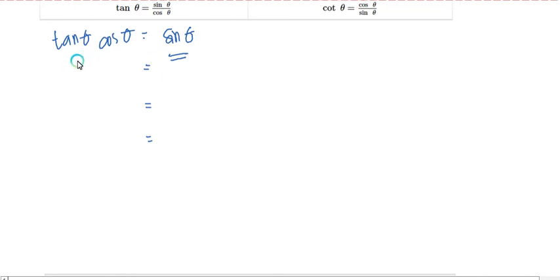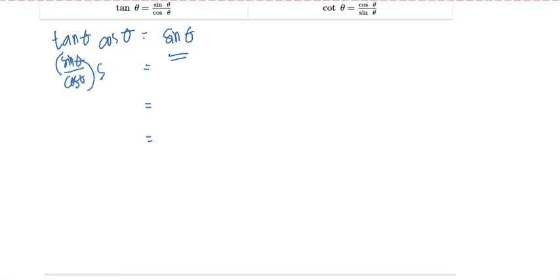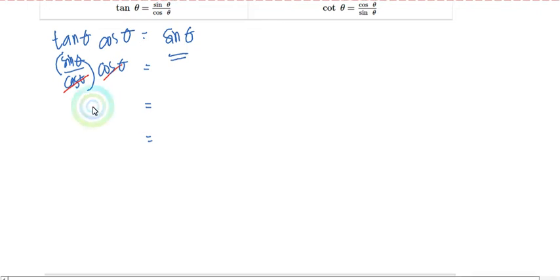Based on the quotient identity, tangent is sine theta over cosine theta. Then I have, copy ko ang cosine theta. So, sine theta all over cosine theta times cosine theta. So, pwede na ito makancel ang cosine theta. Ang nabilin dari is sine theta.